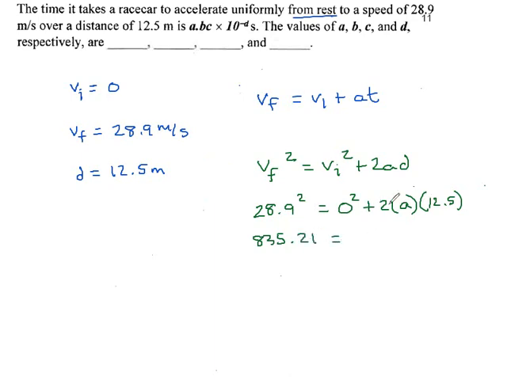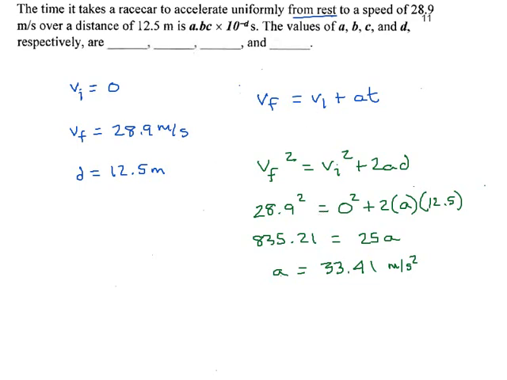Equals 0 plus 2 times 12.5 is 25. And if we want A alone, we divide both sides by 25. So 835.21 divided by 25 gets us 33.4. I'll carry an extra. 33.41 meters per second squared is the pretty impressive acceleration for this car.